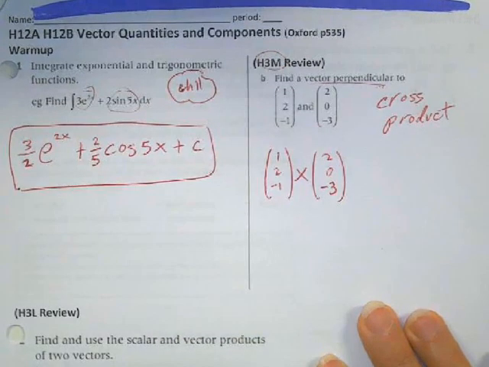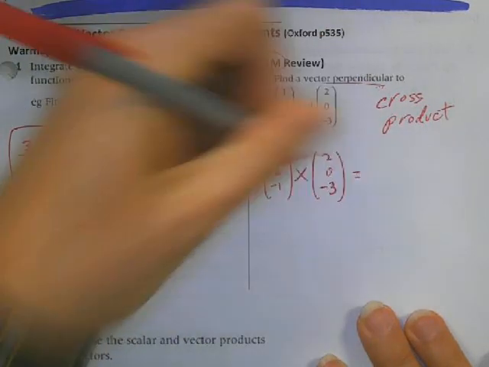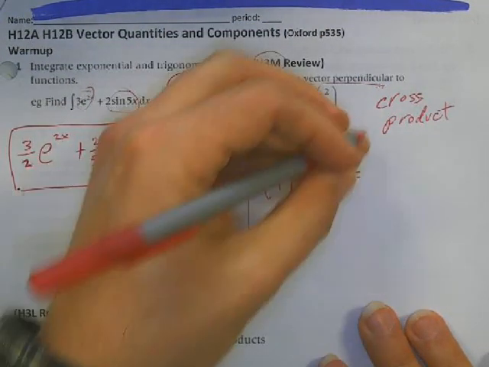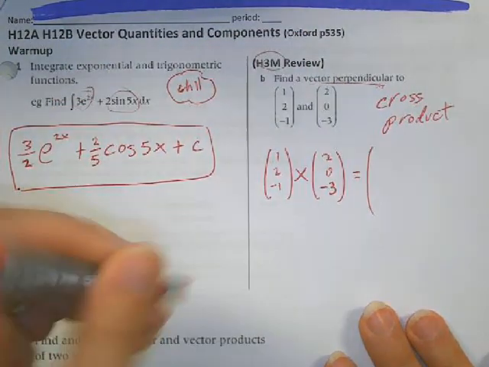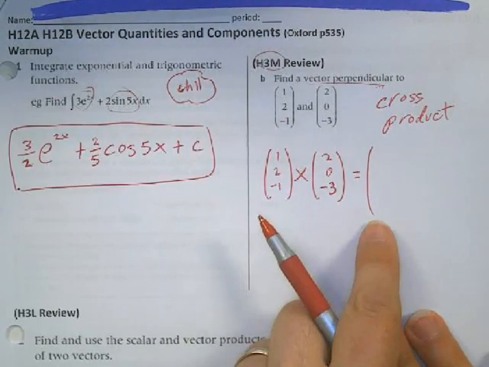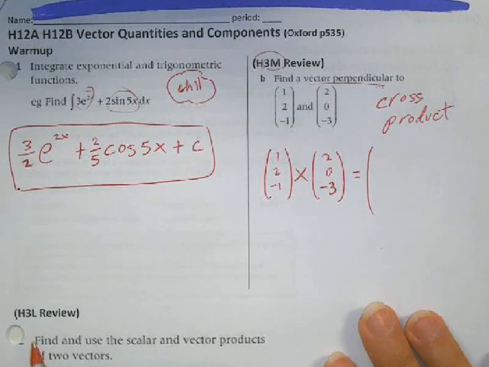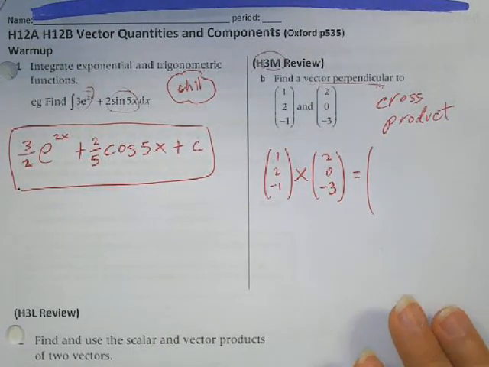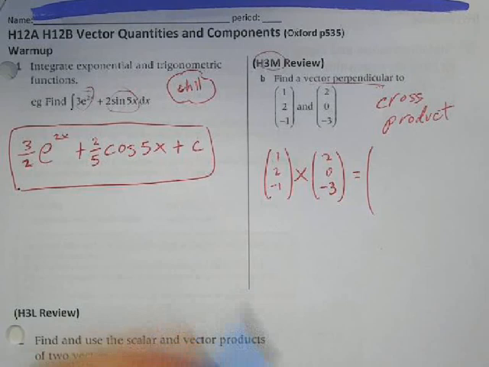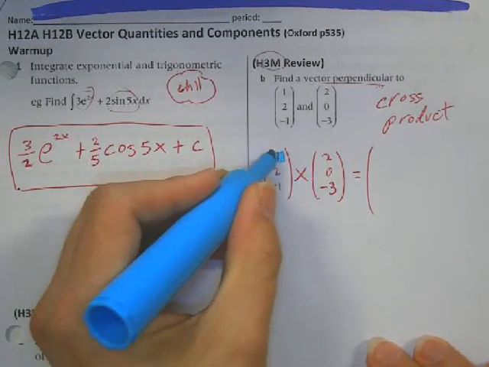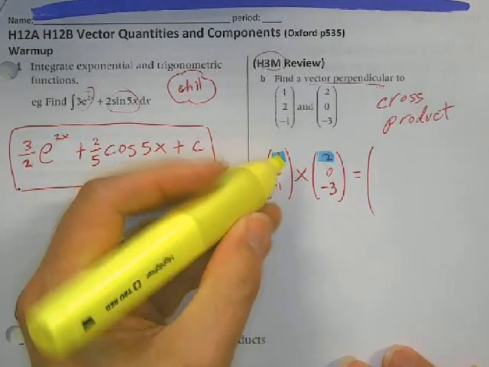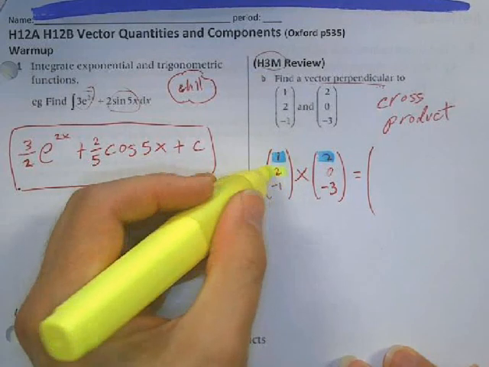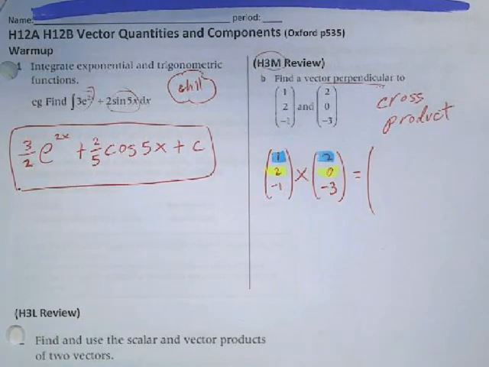As you may or may not recall, this is going to give us a 3x1 matrix, and I'm just going to use 3 different colors here. Hopefully this will help you recall what we're doing here.